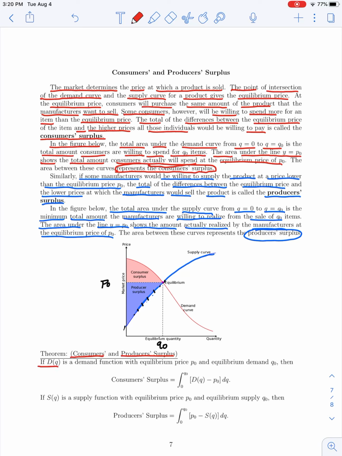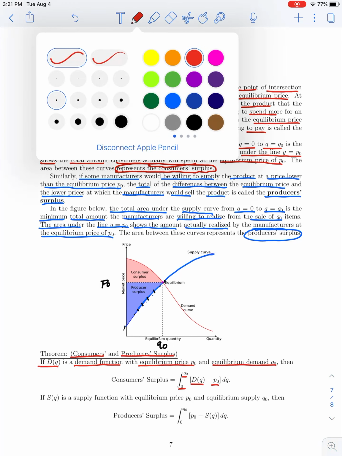So if we have a function D of Q, which is a demand function, which has an equilibrium price P naught and an equilibrium demand Q naught, then the consumer surplus is the area under the graph of the demand function D of Q minus the area under the curve which defines our equilibrium price P naught over the interval from 0 to the equilibrium quantity, Q naught.